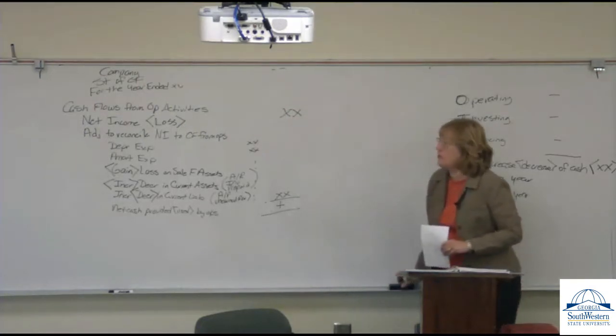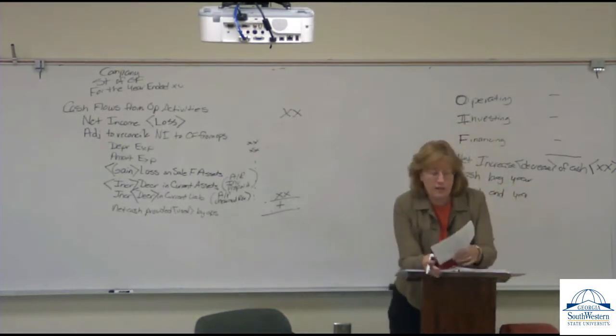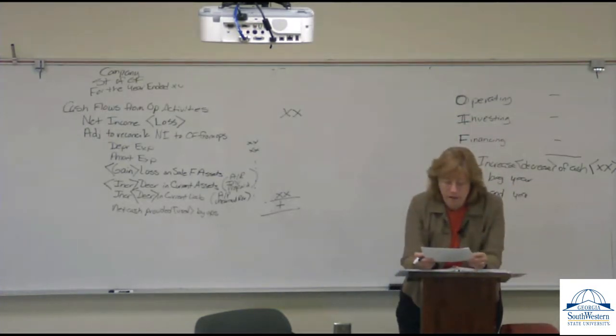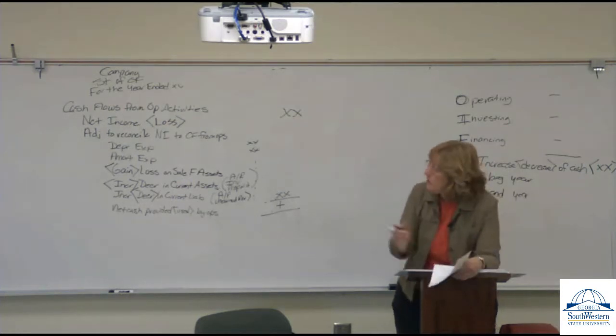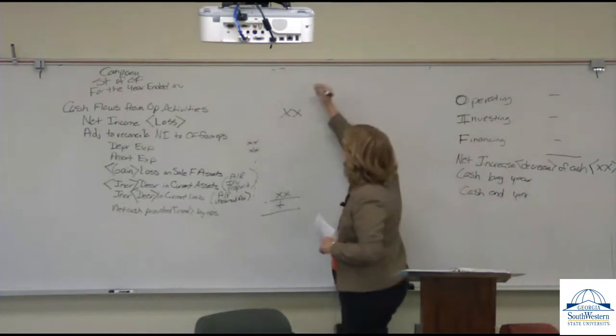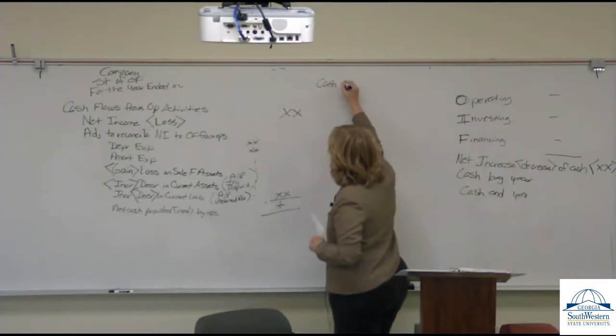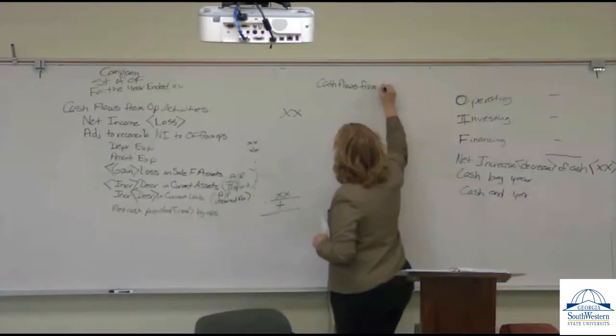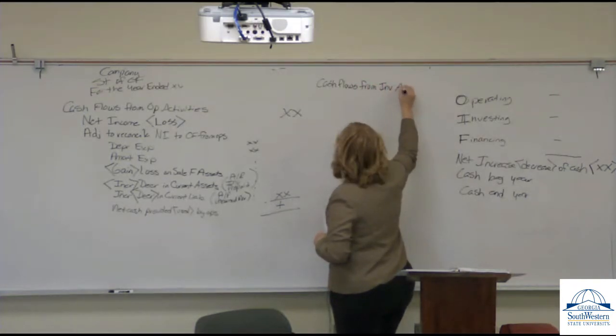So now we're going to go to the next two sections. So we did operating, right? Now what we're going to do is investing. So we're going to have the same kind of title, cash flows from investing activities.